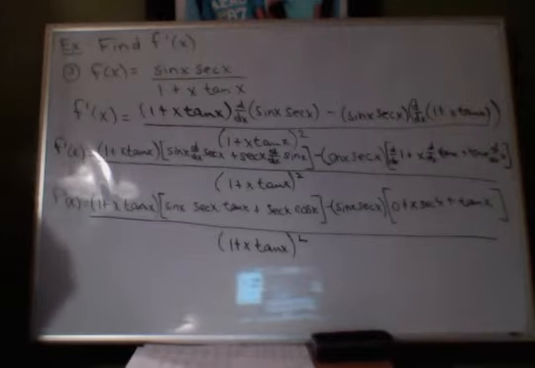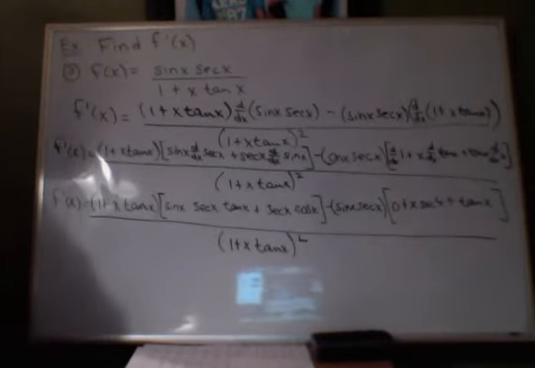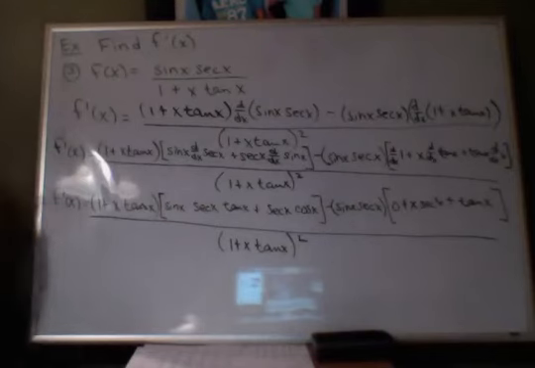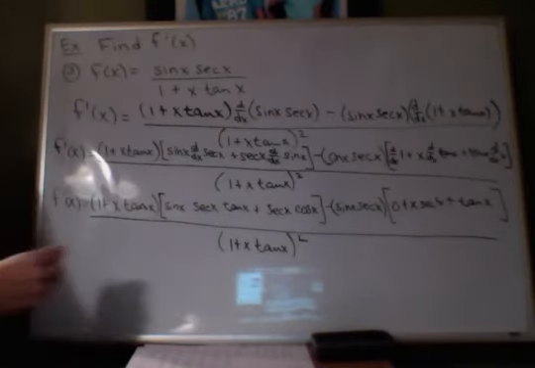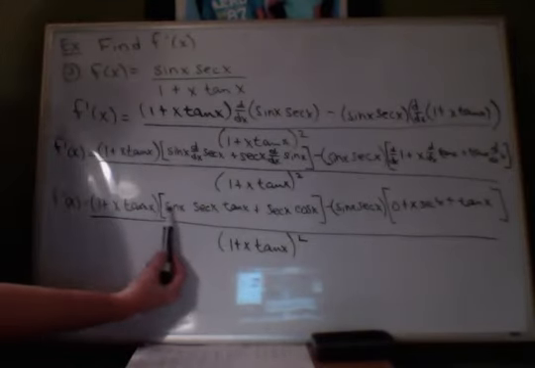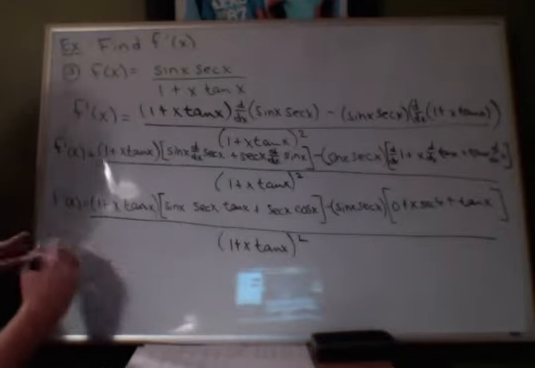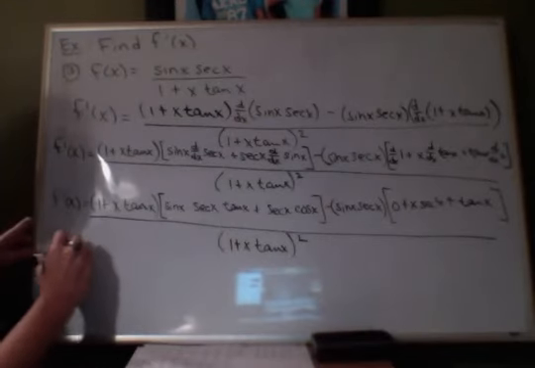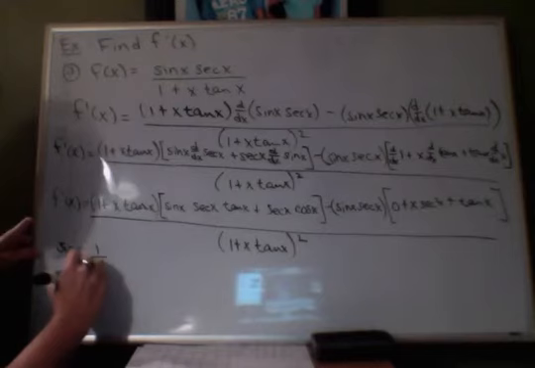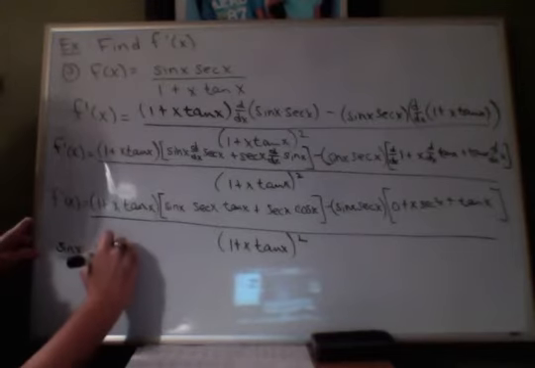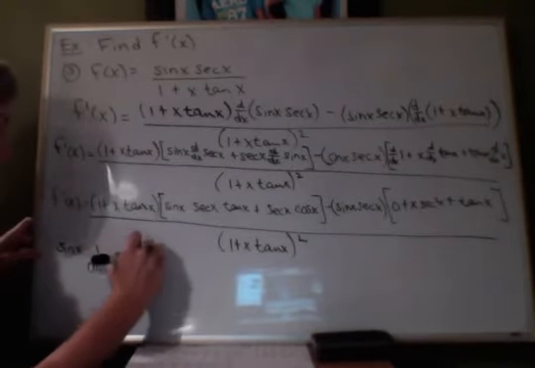Okay. All right, we can do some manipulation now. This is where we kind of start to think about what can happen. So kind of as an aside, and you might put this even in the margin of your paper, if I think about this expression, sine times secant times tangent, and I rewrite that as sine times secant, which is 1 over cosine, times tangent, which is sine over cosine.